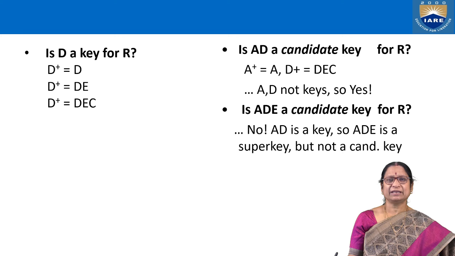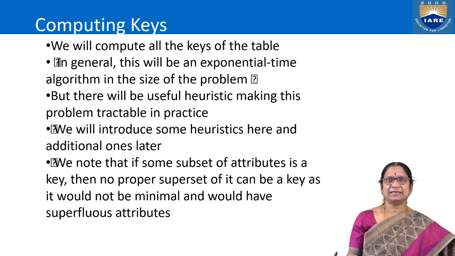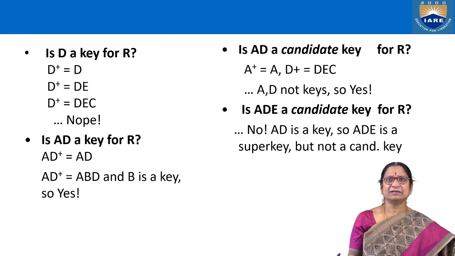Similarly, we can identify whether something is a key or not in the previous example. Is D a key for R? I computed D plus, but its closure consists of only DEC, not all attributes of R. So it's not a key. Similarly, if I compute AD plus, AD determines ABD and B is a key, so as you can see.